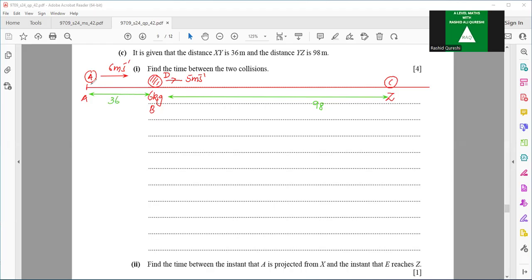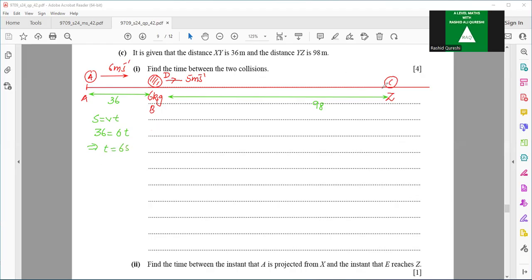So how much time is needed for the first collision from A to B? We have S is equal to V times T. So the distance is 36, velocity is 6, so the time is 6 seconds.